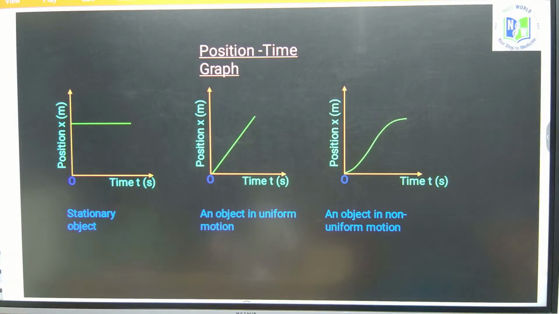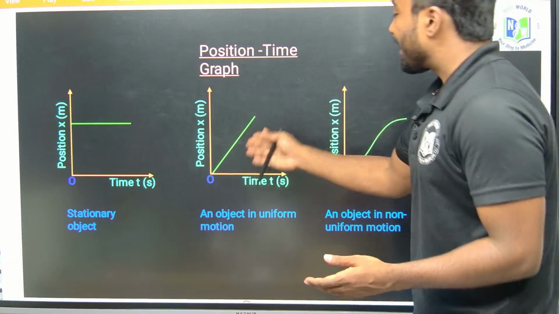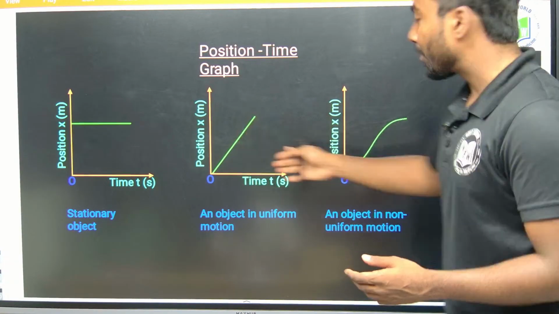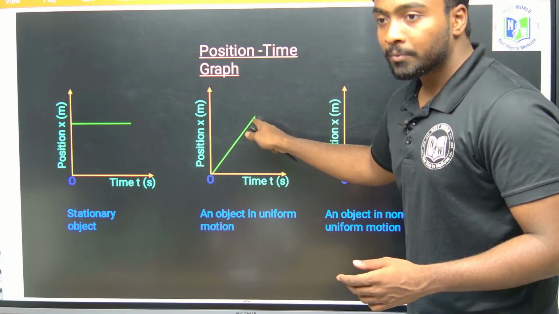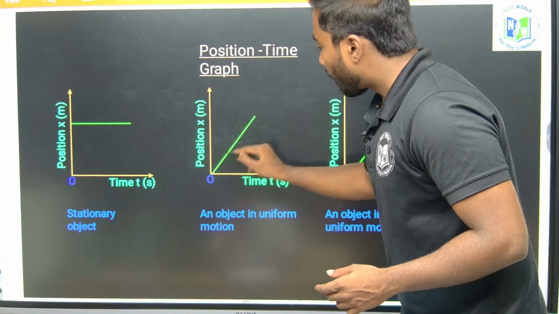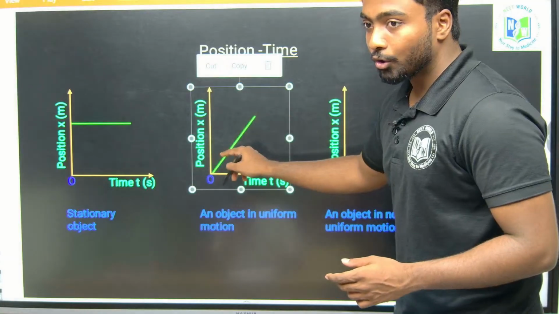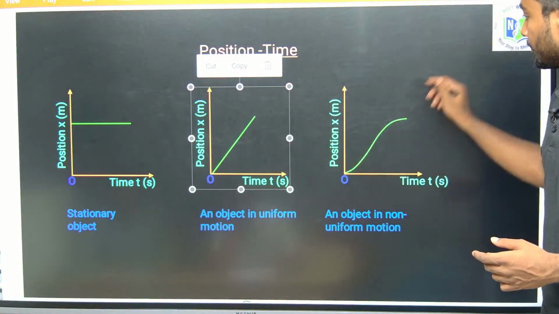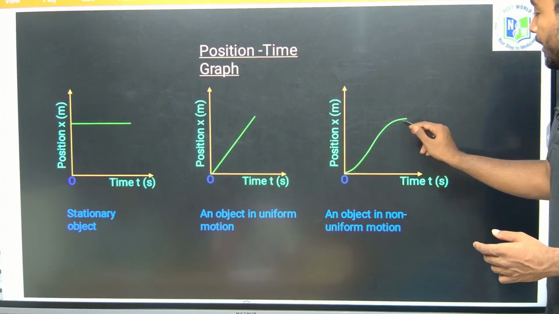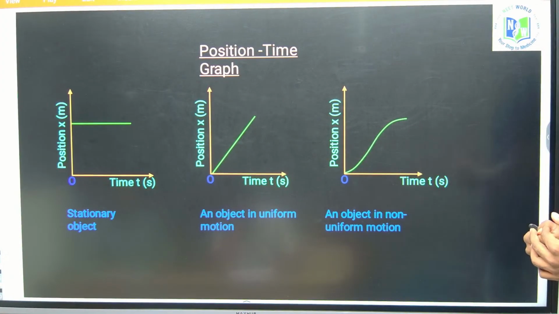Why are we saying this is uniform and this is not uniform? If I take a slope using this point and this point, the angle will be the same, right? But if I take this point and this point here, the angle will be different.